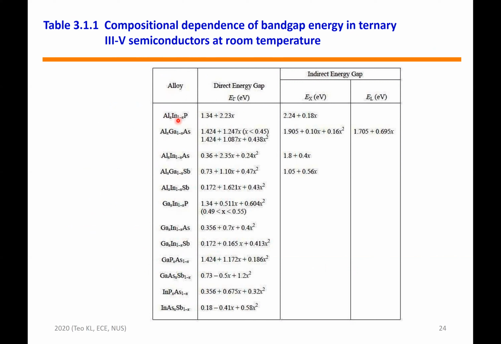These are aluminum indium phosphide alloys. The direct energy gap is given here, and the indirect energy gap is given here. The notation should be gamma-gamma, gamma-X, and gamma-L.